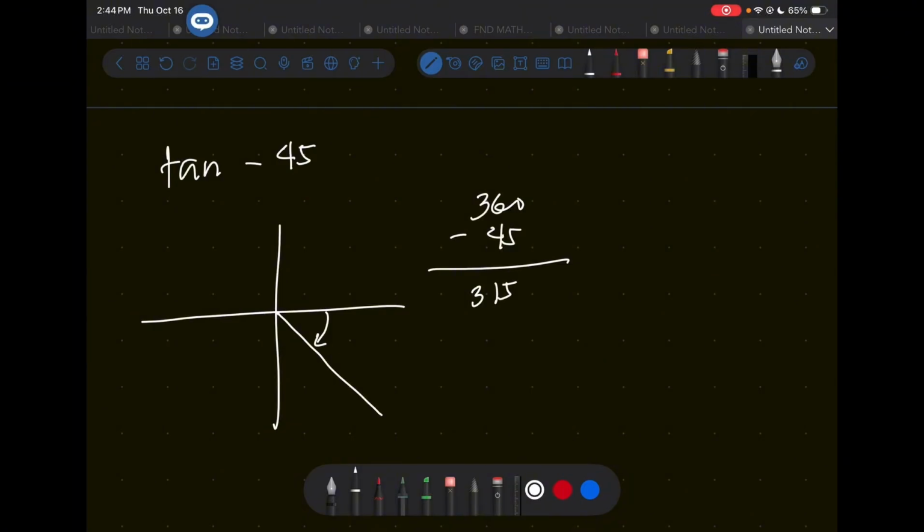So it's just the same as positive 315. And this is your negative 45.